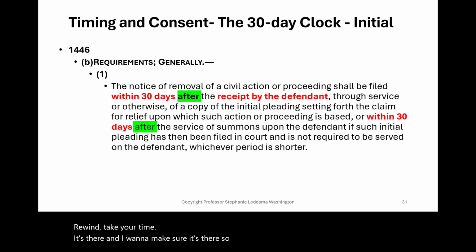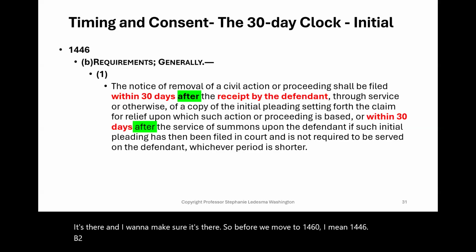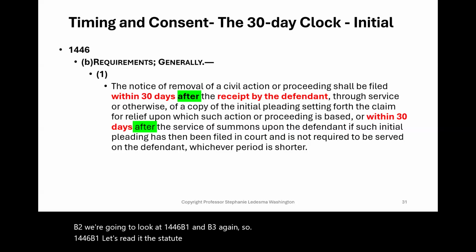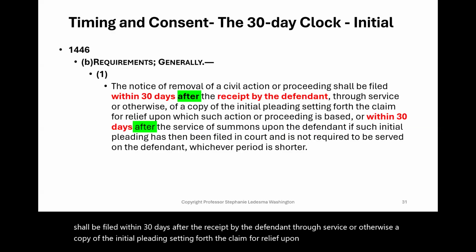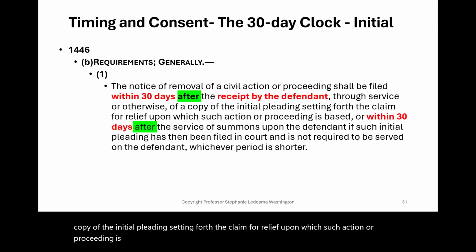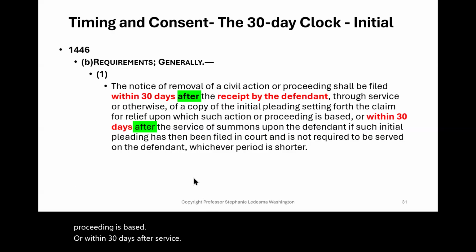So before we move to 1446(b)(2), we're going to look at 1446(b)(1) and (b)(3) again. So 1446(b)(1). Let's read it. The statute says, the notice of removal of a civil action or proceeding shall be filed within 30 days after the receipt by the defendant, through service or otherwise, of a copy of the initial pleading setting forth the claim for relief upon which such action or proceeding is based, or within 30 days after service of the summons.